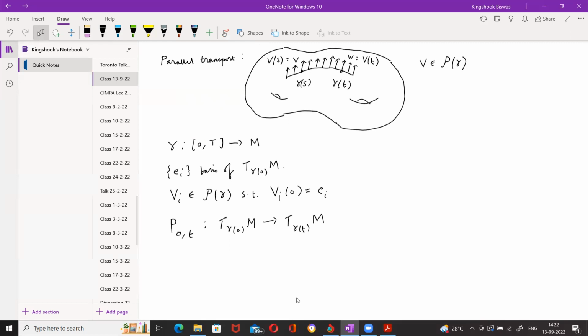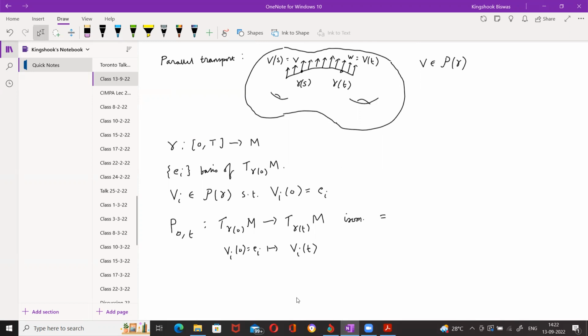So this is going to send V_i(0), which is e_i, to V_i(T). And this map is an isomorphism.